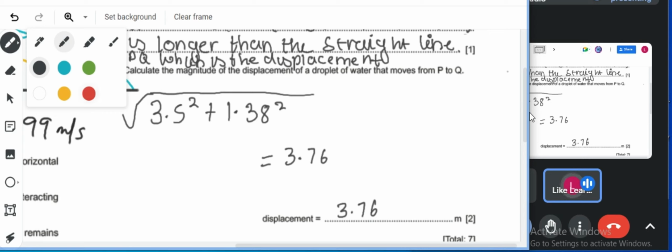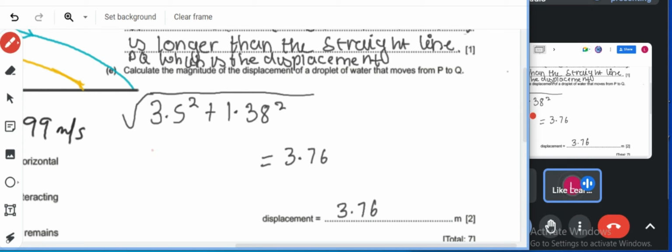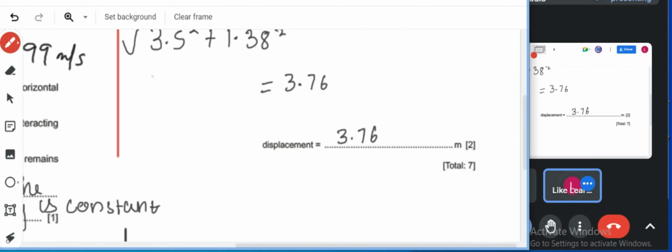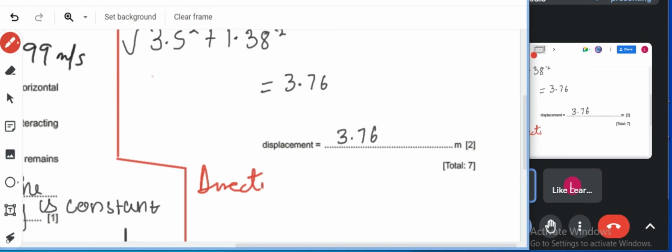Now, like I said, if they ask you for the entire thing, not just the magnitude, you need to find the angle too, is it not? So let's even just add it. Direction will be what? That angle is called direction.